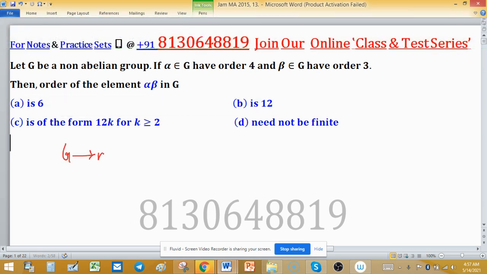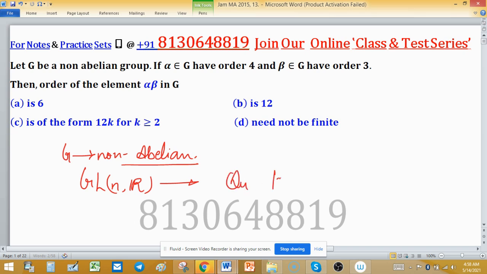G is a non-abelian group. When non-abelian is given, the starting point in our mind is to think about GLnR. This is a very common non-abelian group. Also you can consider Q4 and Q8. These are also non-abelian.